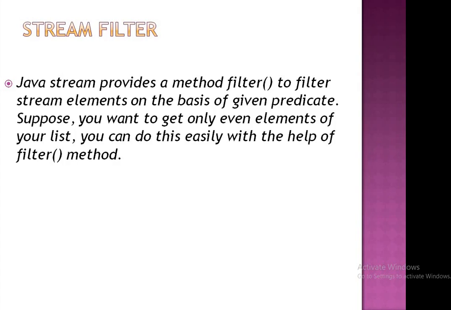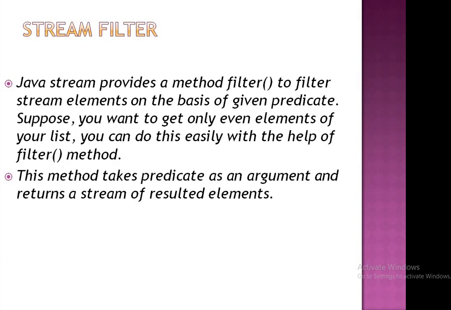Suppose you want to get only even elements or odd elements of your list, you can do this easily with the help of the filter method. This method takes a predicate as an argument and returns a stream of resulting elements.